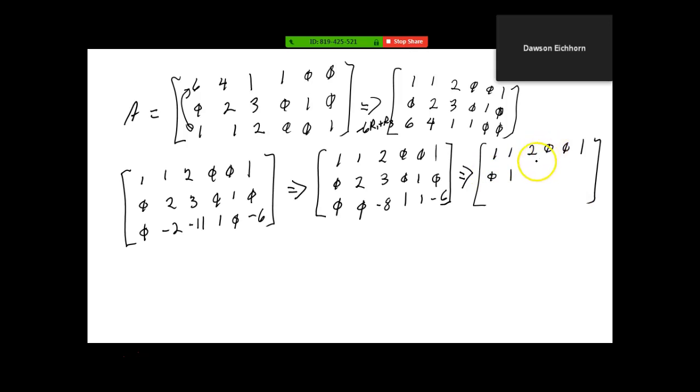Are you okay with fractions? 3 halves. You could write 1.5 if you wanted to. 0, 1 half, or you could write 0.5 if you wanted to, and 0. Okay? And 0, 0.